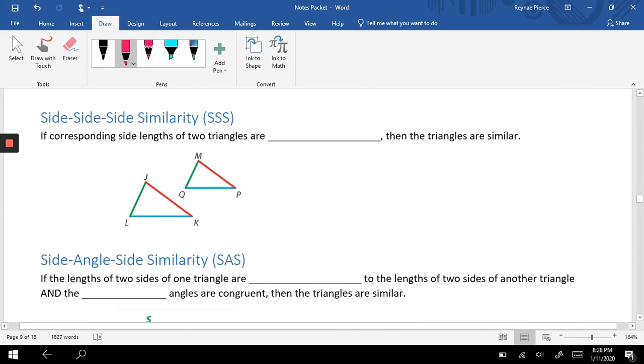The second shortcut here is side-side-side similarity. Okay, now our sides, remember, don't have to be congruent, but our sides have to be proportional.